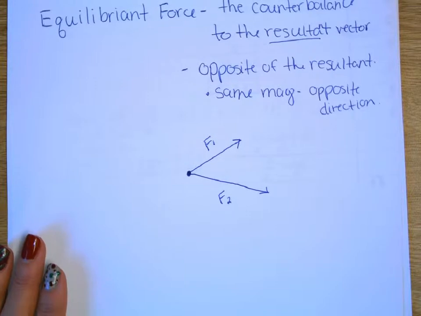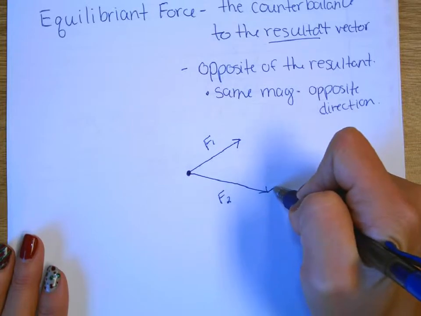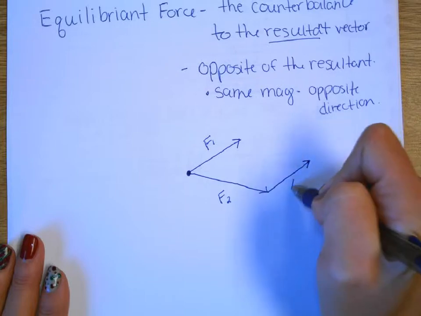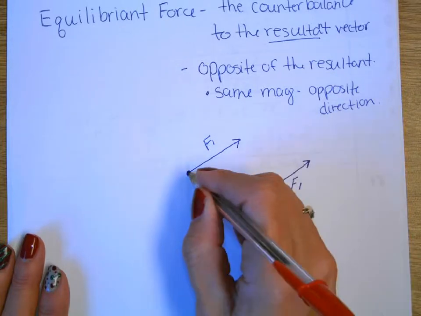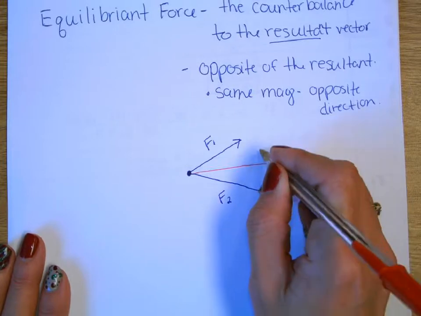Head to tail. So if I slide one of them, it doesn't matter which one. I like this one. It's easier for me to draw this way. So if I slide force 1 down here, the resultant now is this vector right here.